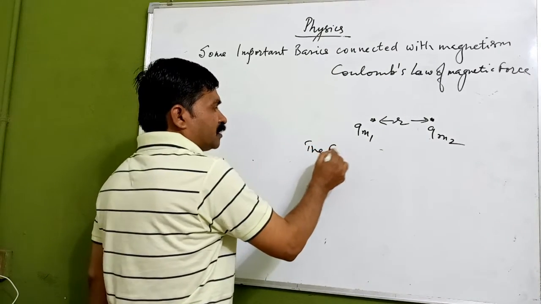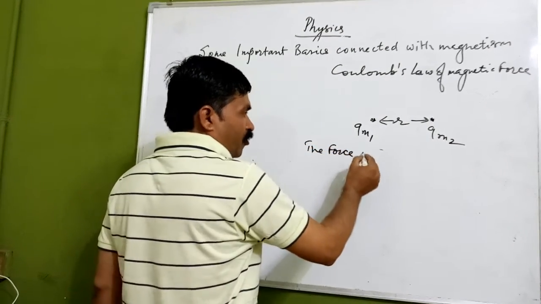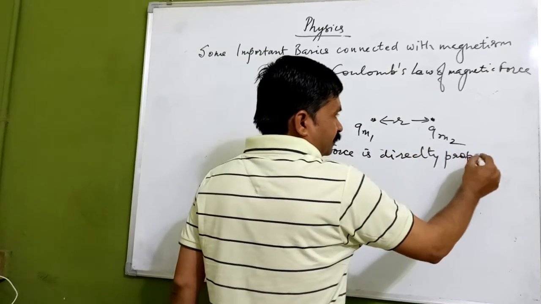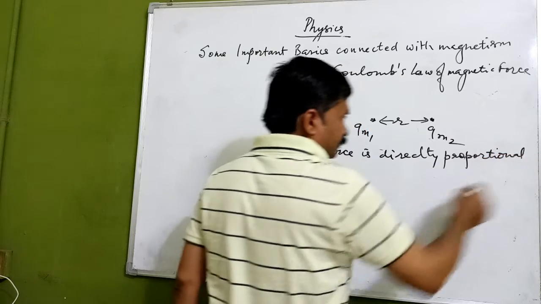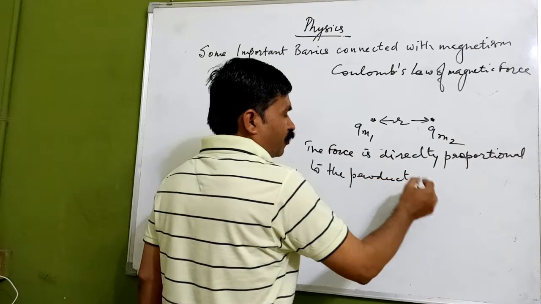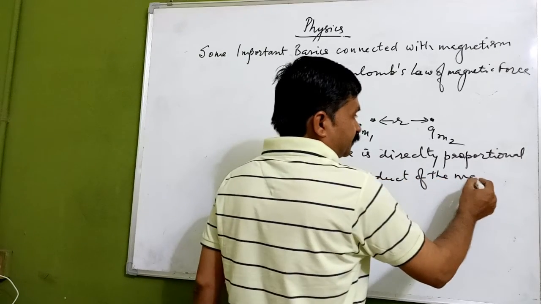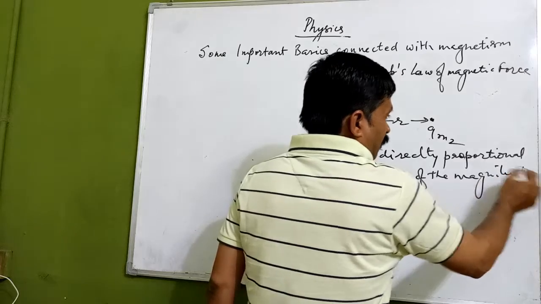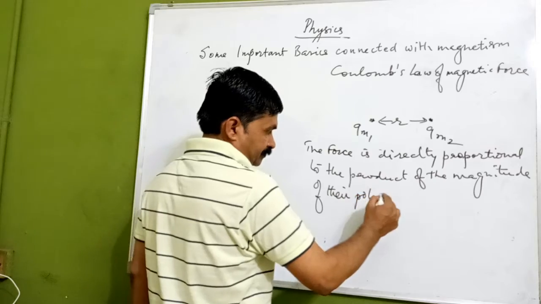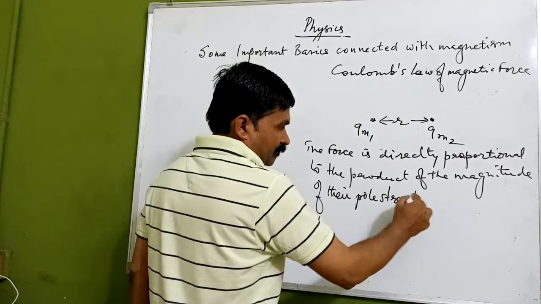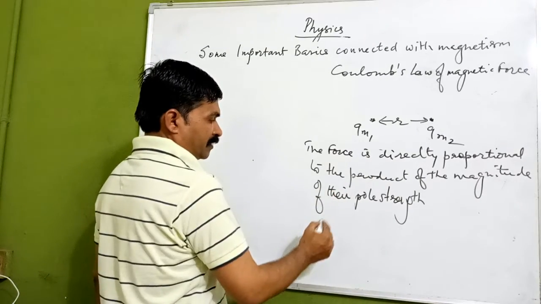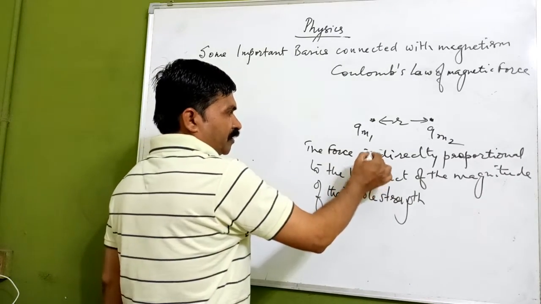The force is directly proportional to the product of their pole strengths.